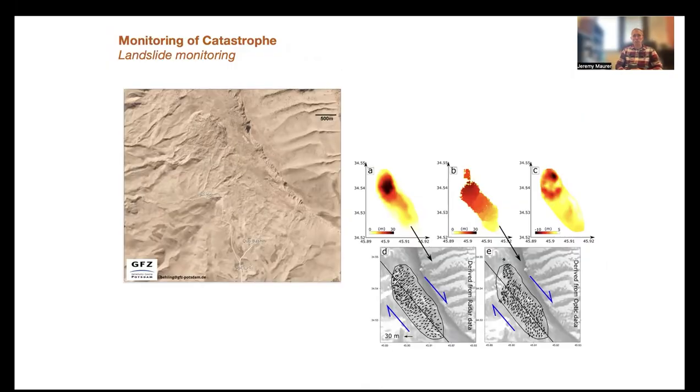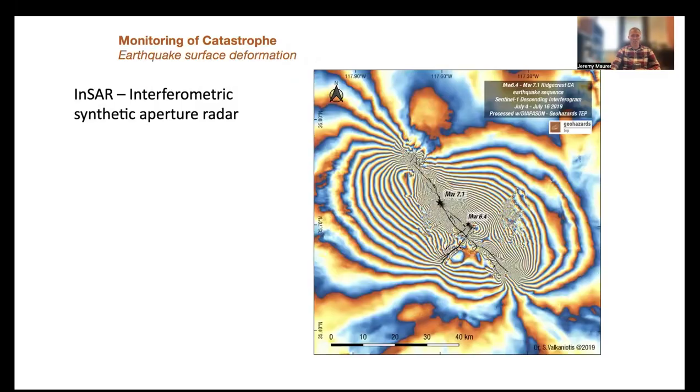We can use this remote sensing data to do catastrophe modeling or natural hazards monitoring. So whether that's landslides or earthquakes or sinkholes or groundwater-related subsidence, we can look at changes through time and monitor those changes and use that information to make decisions. Here's an example from InSAR, which is a radar satellite.